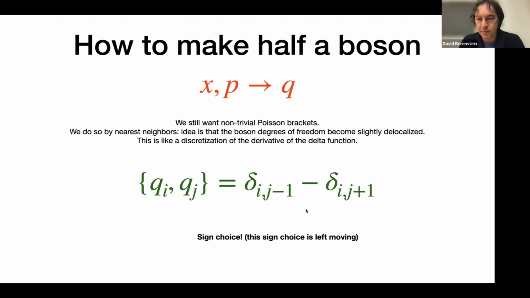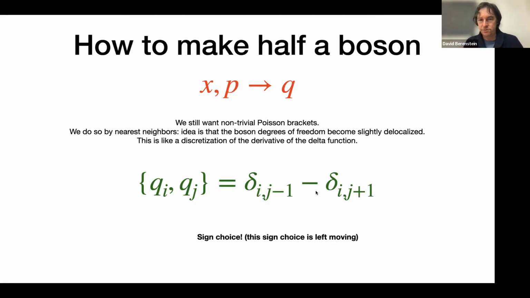And then I'm going to call this particular sign choice, plus minus as opposed to minus plus, the left moving one. Okay. And then let's go from it. I'm just going to try to copy paste what I had before. So I had a Poisson bracket, which was a derivative of the delta function. Now I have a discrete derivative, the closest analog on a lattice.